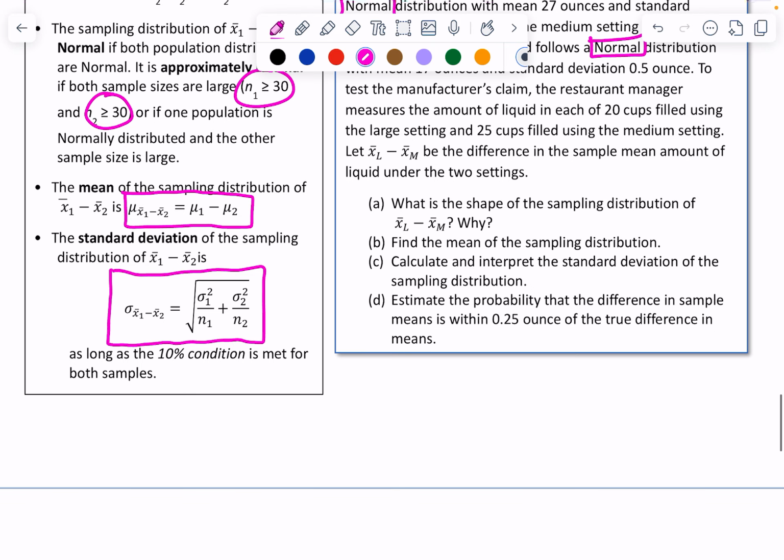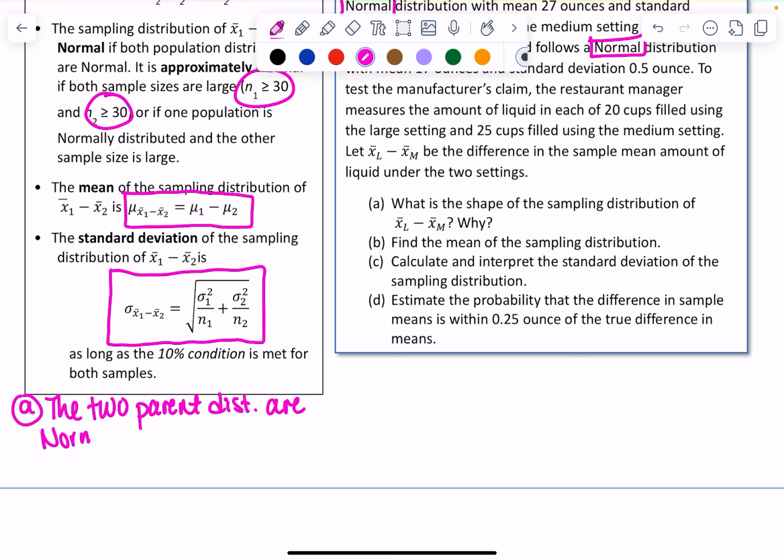Okay, so part A, the two parent distributions are normal. So X bar L minus X bar M is also normally distributed.